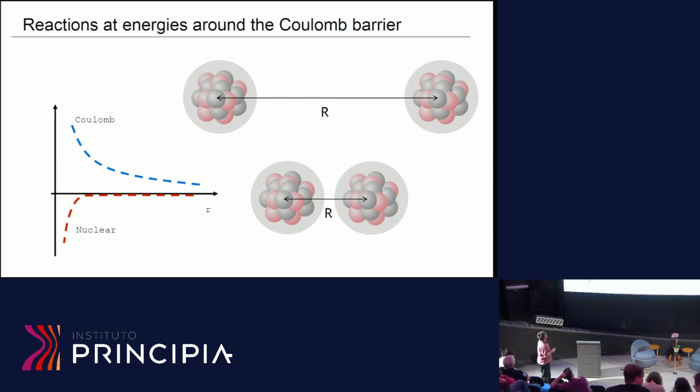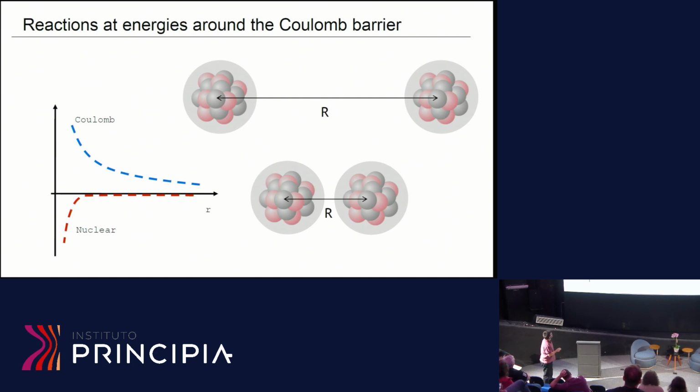So just from the very beginning, more for the students, with the energies that we have available in our accelerator, we mostly investigate reactions at energies around the Coulomb barrier. So we cannot go much above it for most of the reactions that we choose.